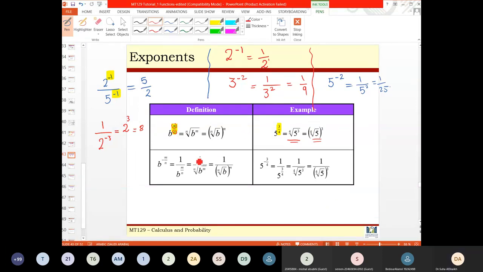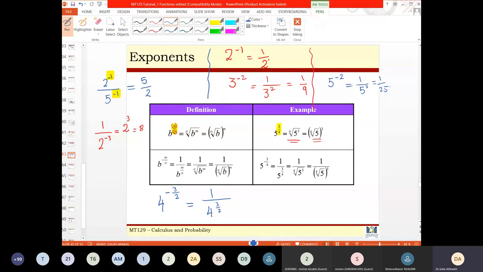So one more thing, if we have a base to a negative and fractional power. For example, let me say I have 4 to the power minus 3/2. The minus will get it down. It will go down, right? So this will be 1 over 4 to the power 3/2.